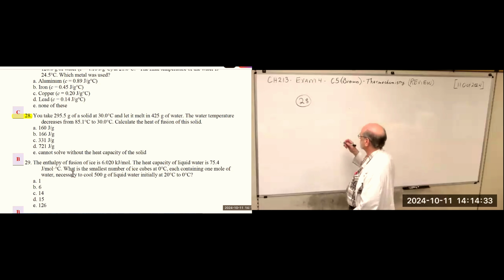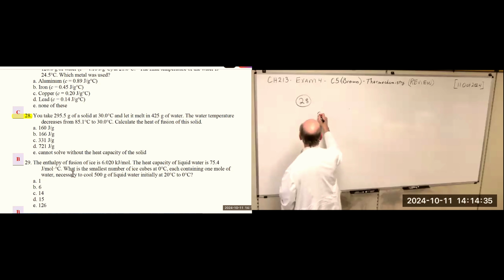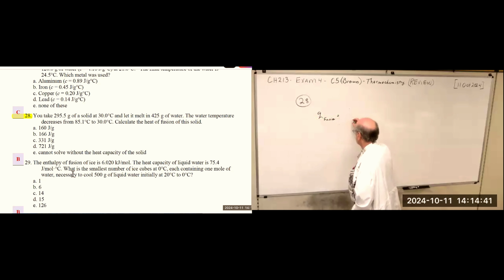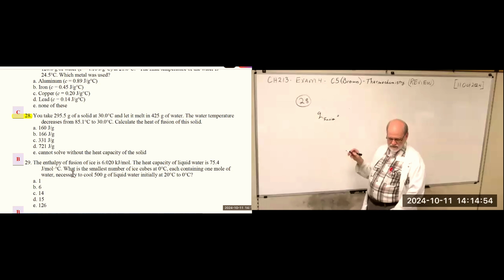But the heat of fusion, Q of fusion, is simply the amount of heat, let's say it's not specific heat.